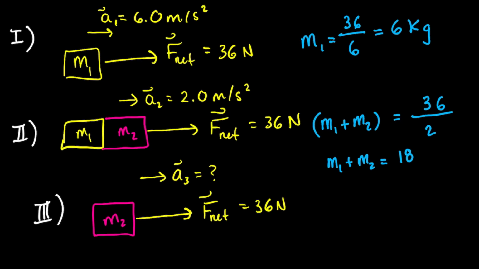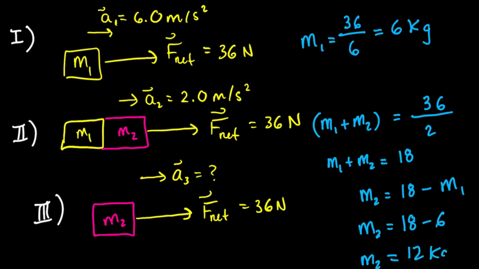Isolating for mass 2 on its own is going to be 18 kilograms minus mass 1. This means that the second mass is going to be 18 minus 6, which will give us 12 kilograms.